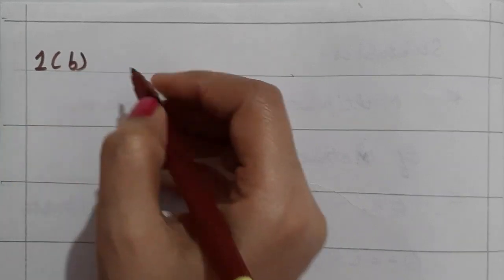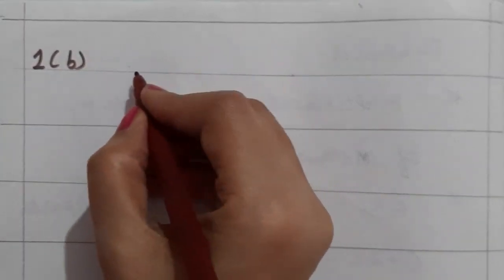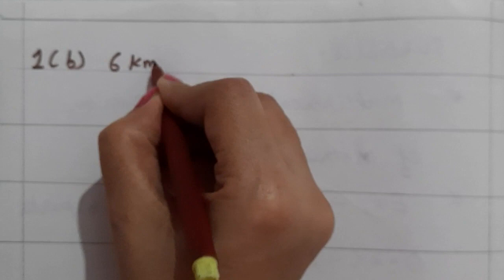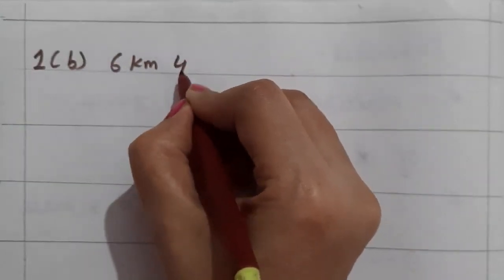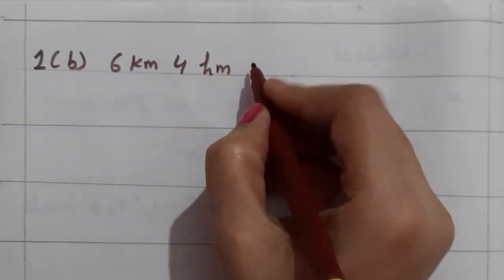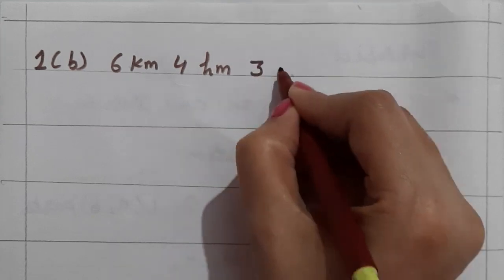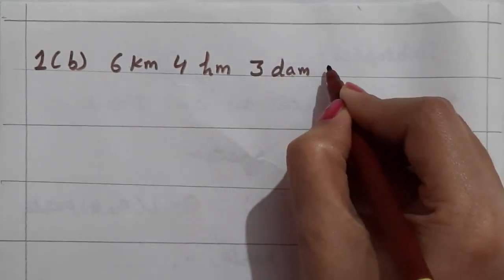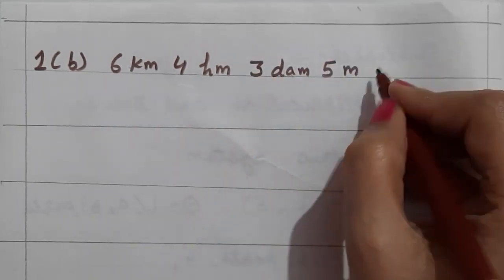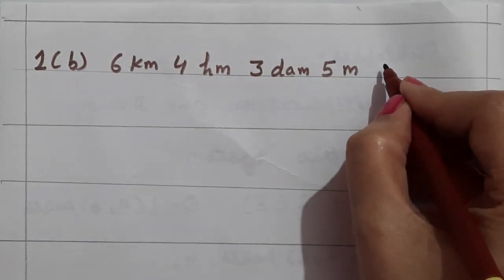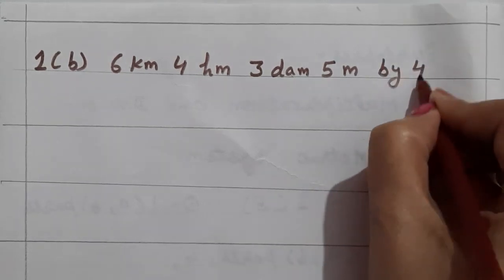Now next is question number 1, B part. 6 kilometer, 4 hectometer, 3 decameter and 5 meter by 4.